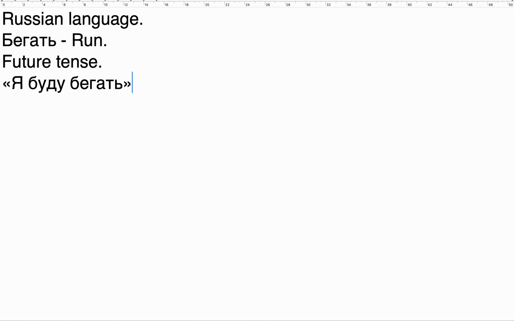When we use this version of the verb, first of all, we're talking about a process. A process in the future. We know that this process will happen in the future.